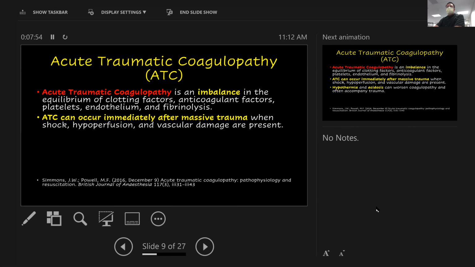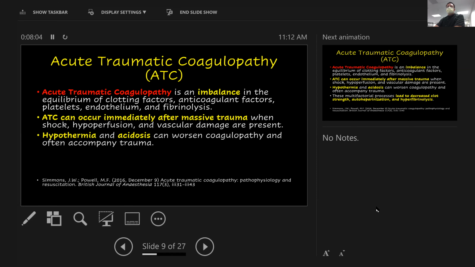ATC can occur immediately after massive trauma in a setting of shock, hypoperfusion, and vascular damage. Hypothermia and acidosis can make coagulopathy much worse. And unfortunately, hypothermia and acidosis often accompany trauma.